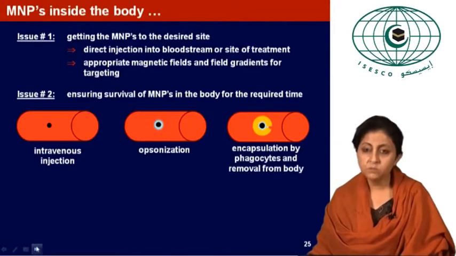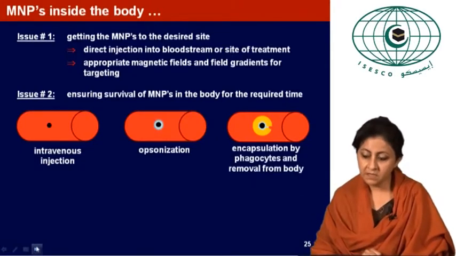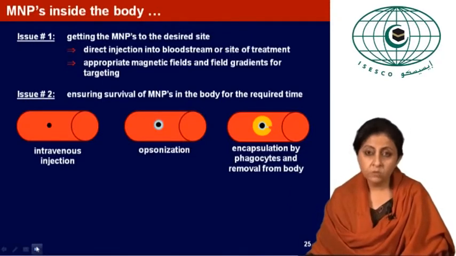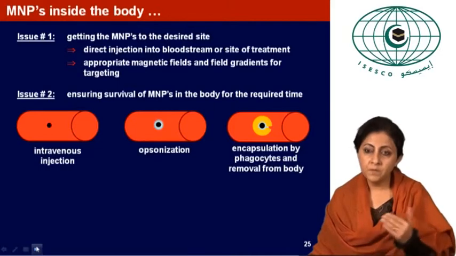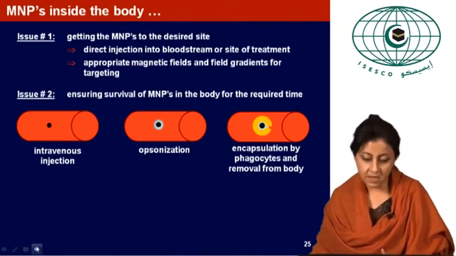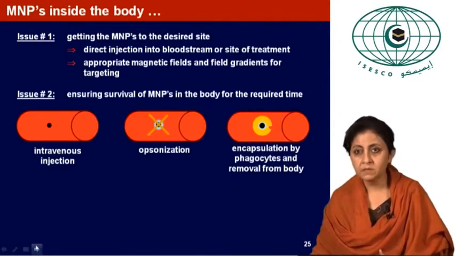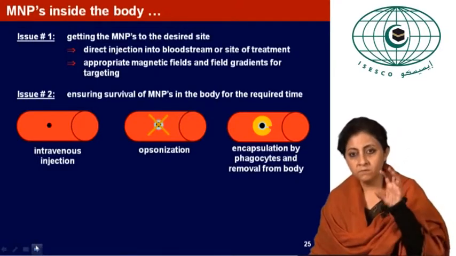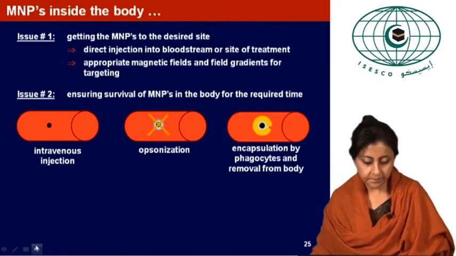So phagocytes are cells which will come and encapsulate this magnetic nanoparticle and make sure that it is chucked out from the body.